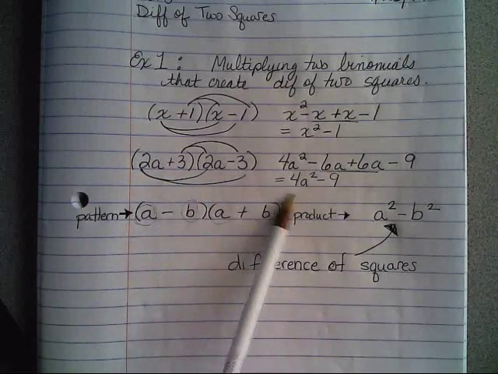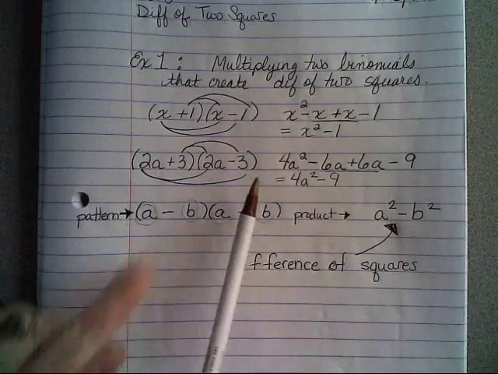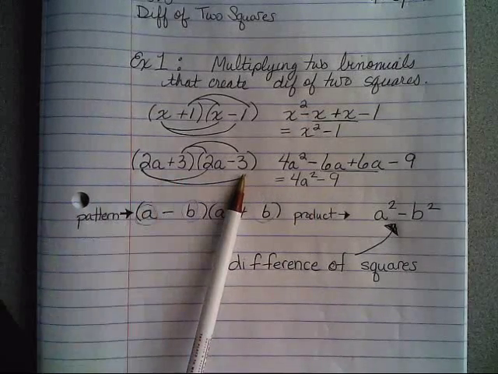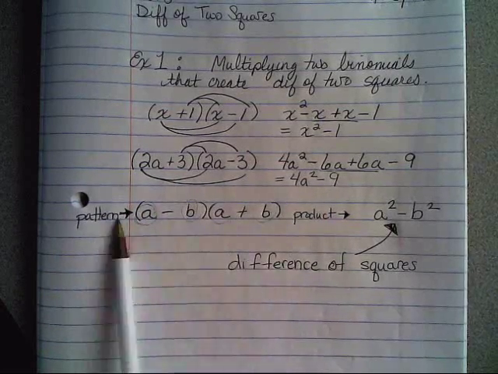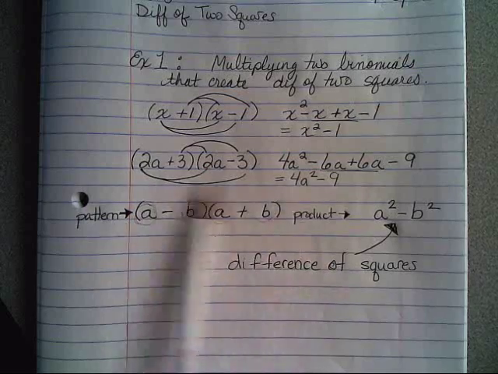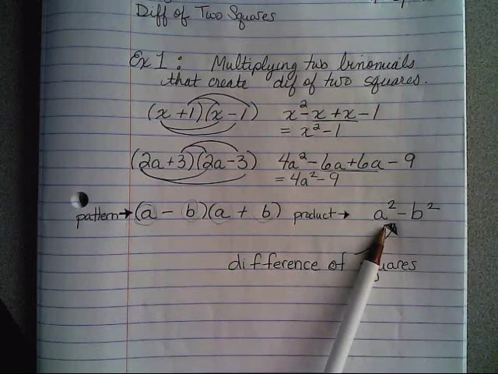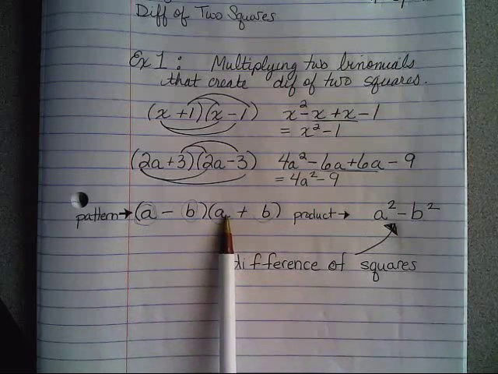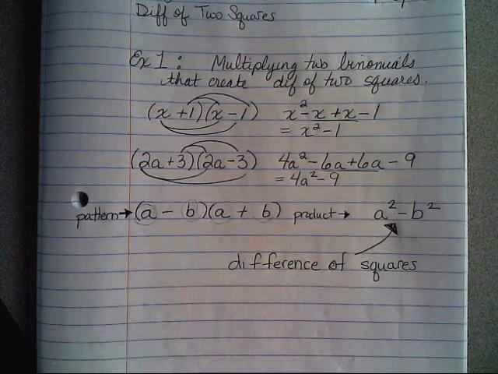Lo and behold, the result is a squared minus b squared. So this pattern, to repeat, will always create a product that can be described this way. A, just marking the first position. B, just marking the second position.